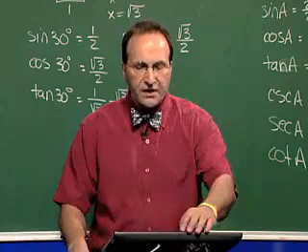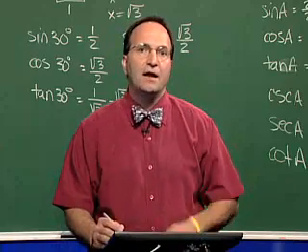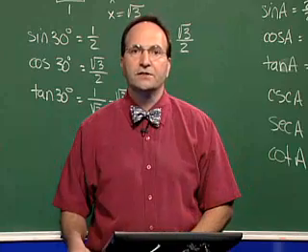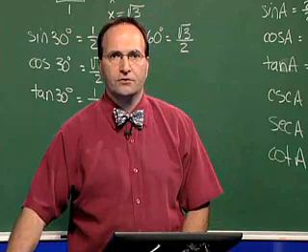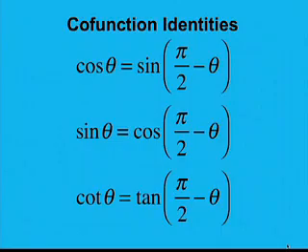Well, let's continue along and notice that we can find the co-functions for all of the trig functions. And here they are. Cosine of theta is equal to sine of pi over 2 minus theta. Sine of theta is equal to the cosine of pi over 2 minus theta, and cotan theta is equal to the tangent of pi over 2 minus theta.